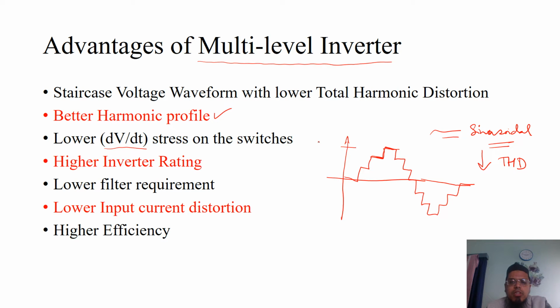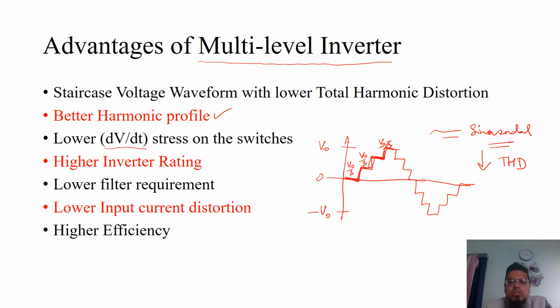Say this entire voltage is V0, this is 0 and this is minus V0. So if there are 1, 2 and 3 levels in the positive half, that means this is V0 by 3, this is also V0 by 3 and this is also V0 by 3, isn't it?